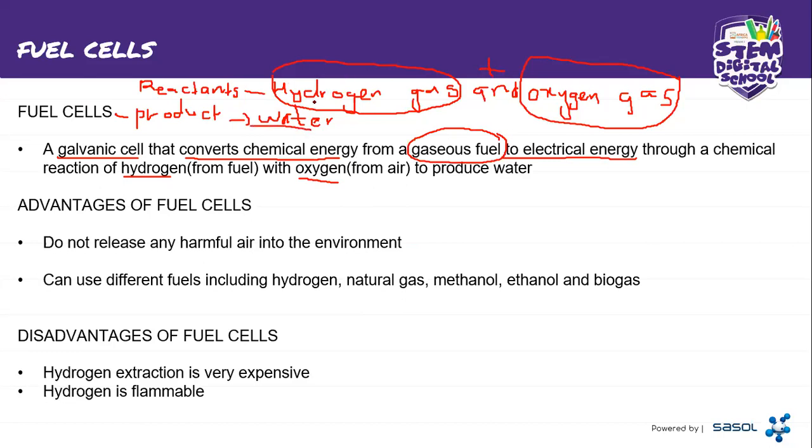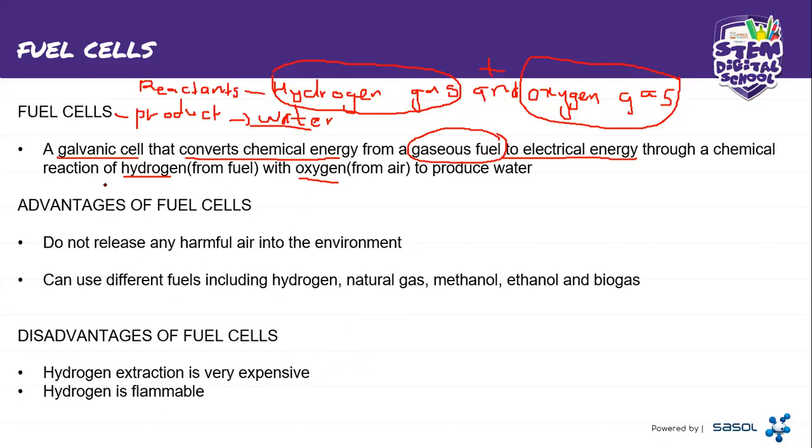And when that happens, you will have a conversion from chemical energy to electrical energy. And that is why we say a fuel cell is a galvanic cell that converts energy from a gaseous fuel to electrical energy through a chemical reaction of hydrogen from the fuel with oxygen from the air to produce water.